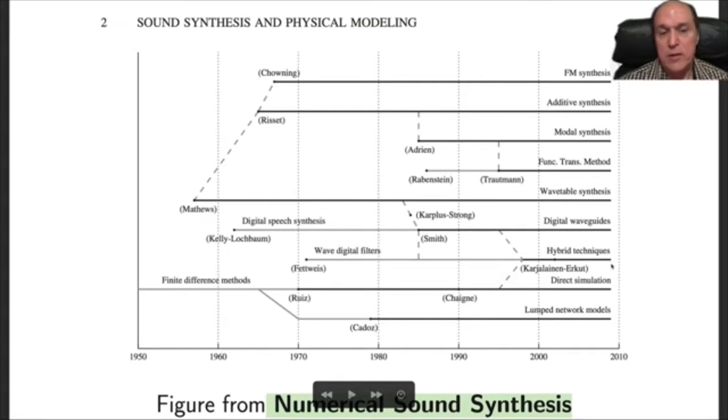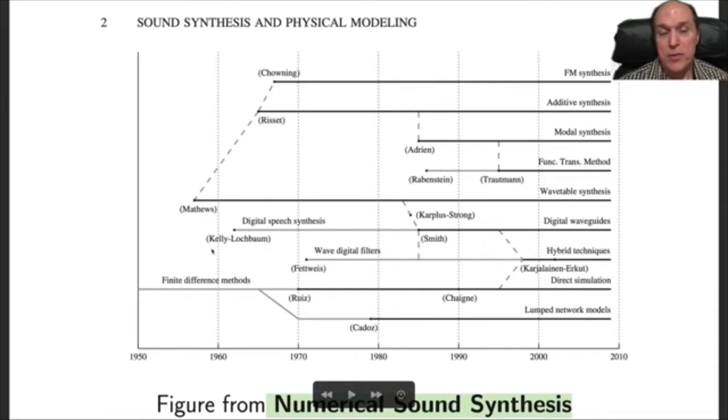Now, the very earliest digital synthesizer that I know of that was actually used to synthesize sound digitally in a physical modeling way was the Kelly-Lochbaum vocal synthesis technique, and it's basically a transmission line model for the vocal tract.